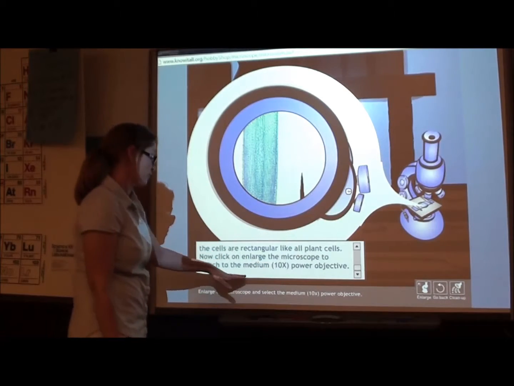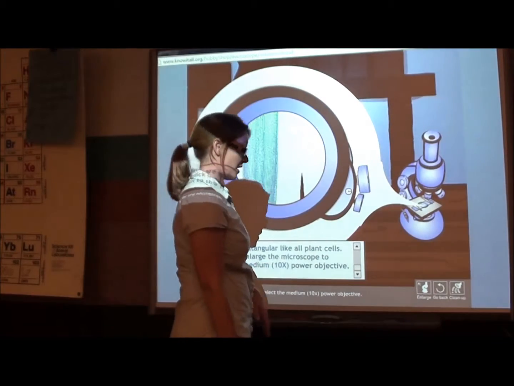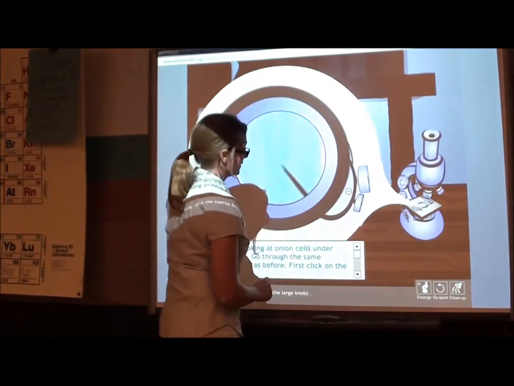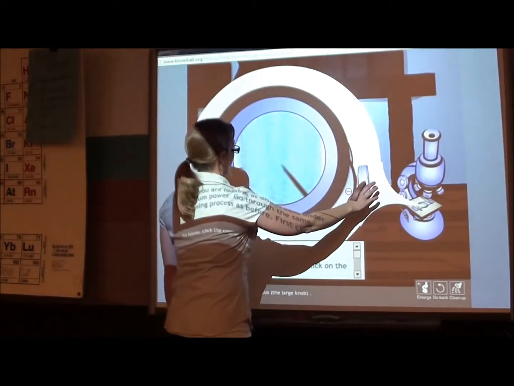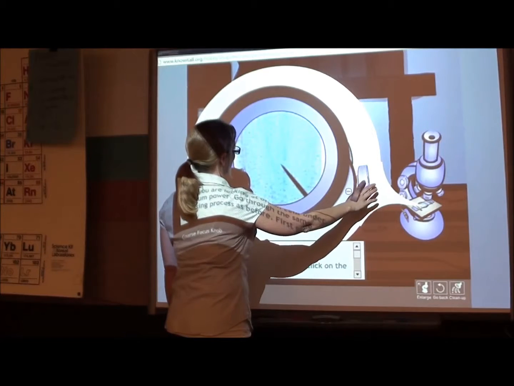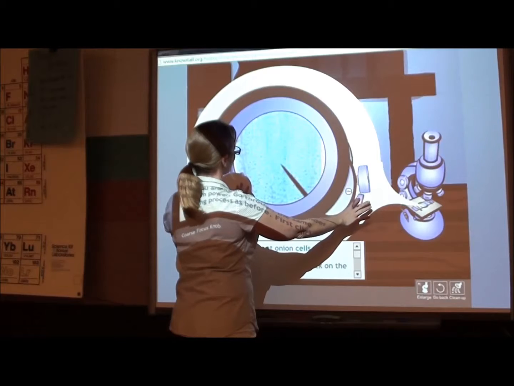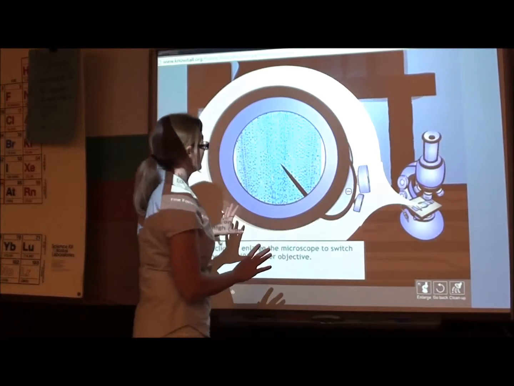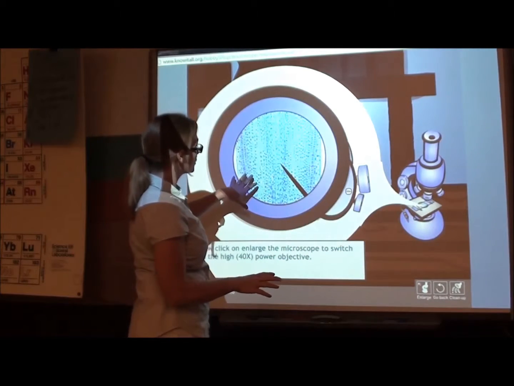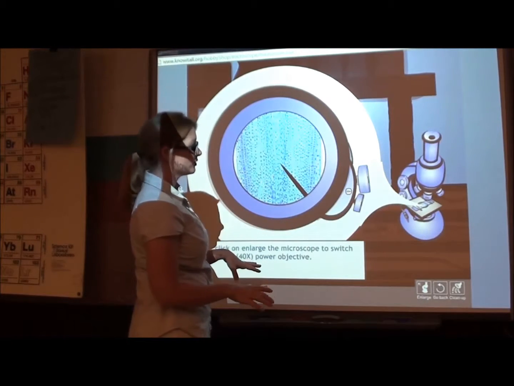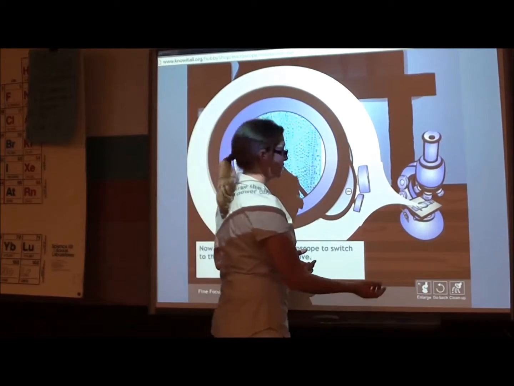So now, this will tell you to enlarge the microscope to go to 10 times. So we're going to magnify it to 10 times, right there. And I'm going to adjust this. Okay, I can kind of make out, but we're going to fine tune it here. And this is a lot better of a picture. So once we've gotten to here, now let's try it at a 40 magnification.